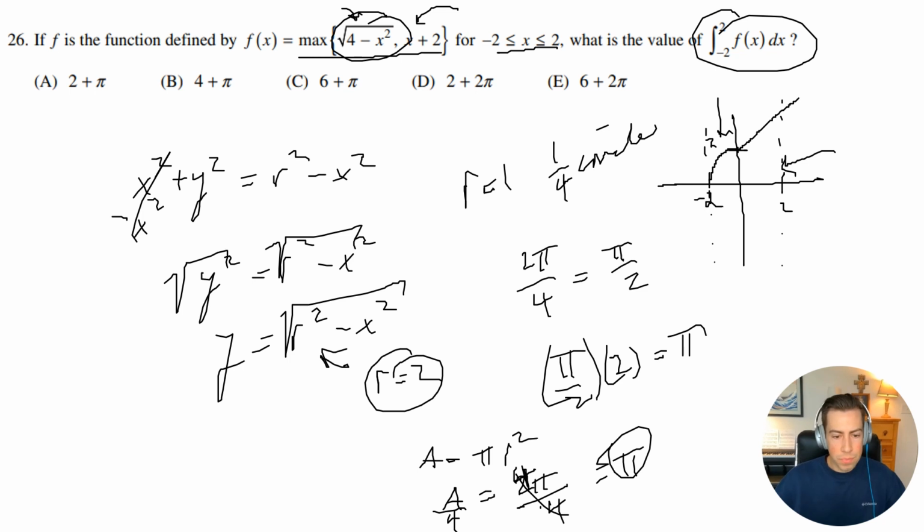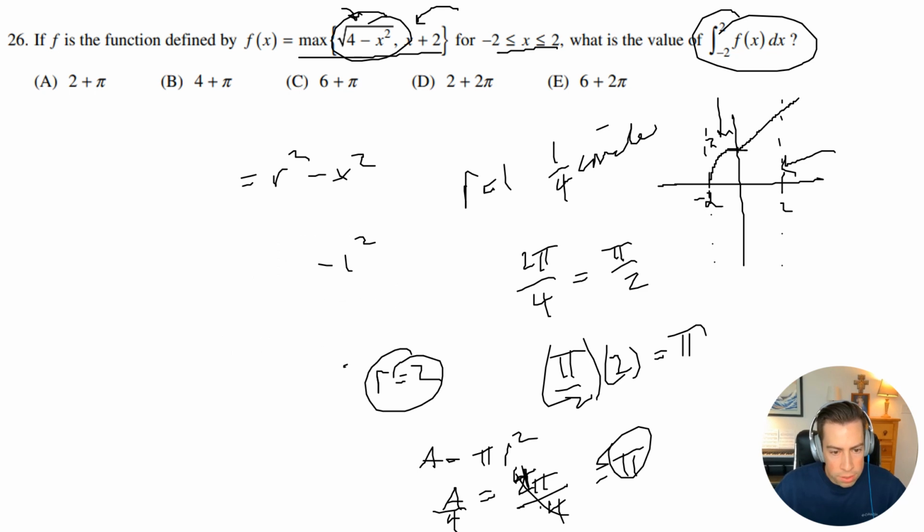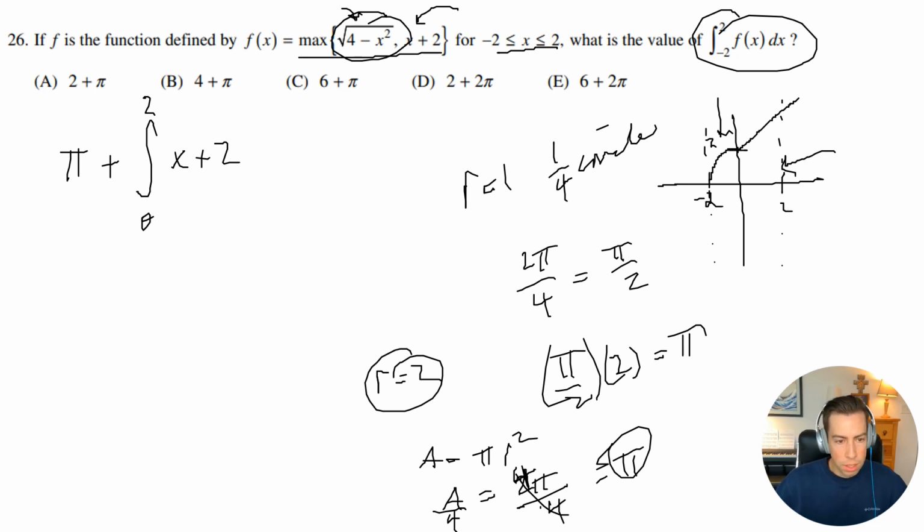Okay. Let me go ahead and clear some space, and hopefully that made sense. Now I need to take into account the other part of the integral here. So I'm going to have pi plus the integral from 0 to 2 of my function, which is going to be x plus 2 in this case. Now I'll just use some calculus.